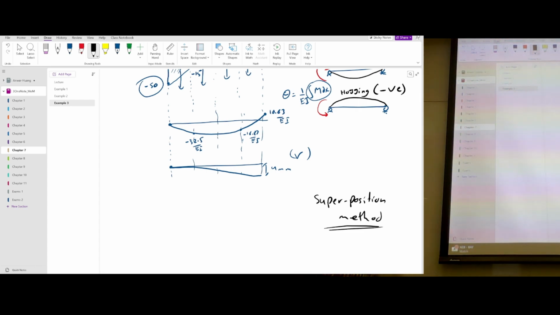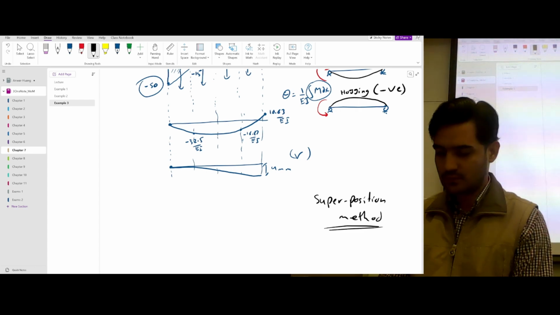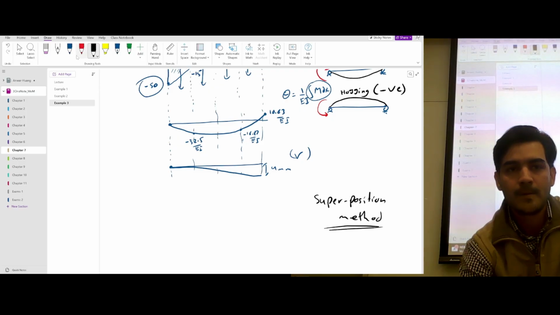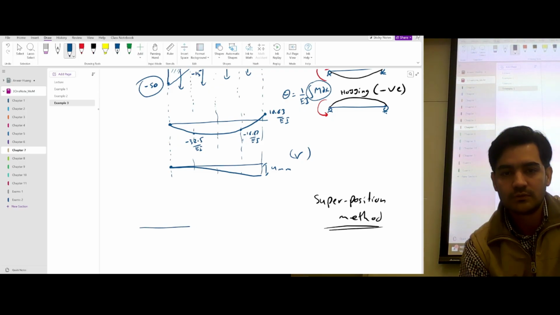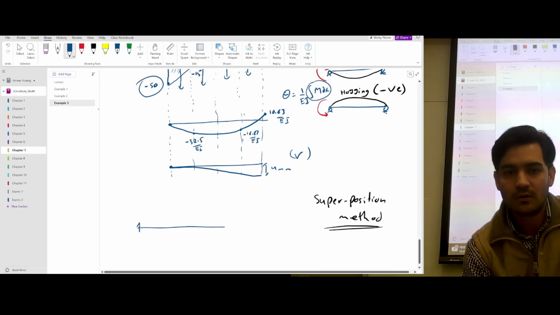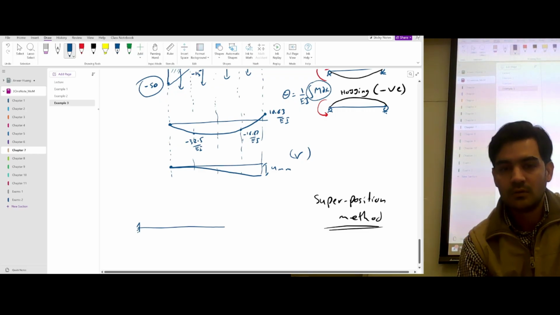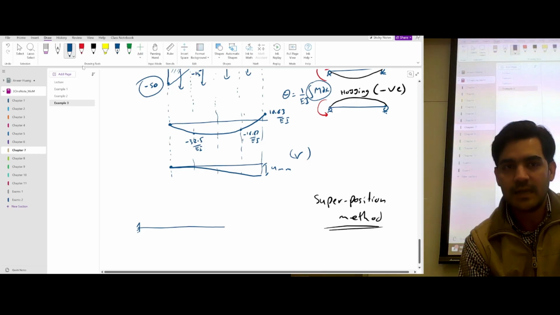This is our beam. It's a cantilever beam. It has 2 loads.